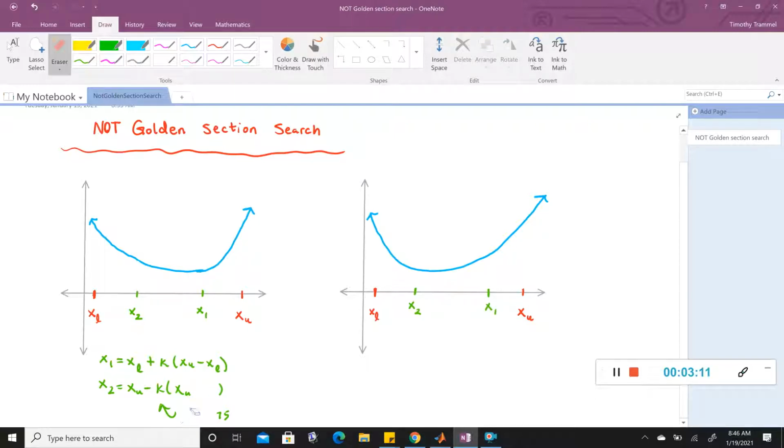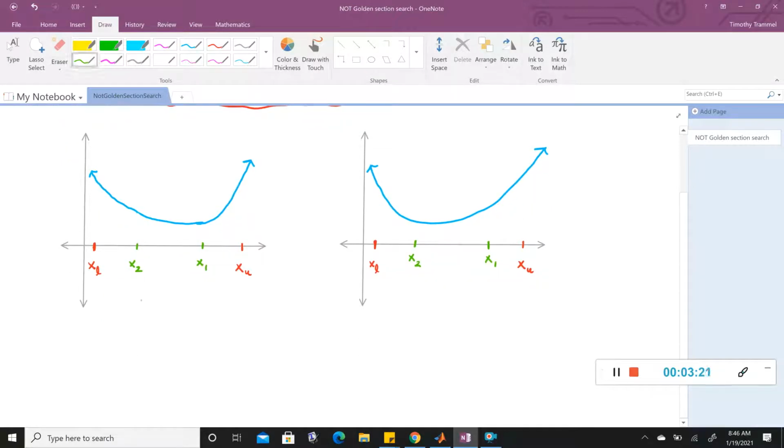What we're going to do in both cases is compare the function value at x1 and x2. So let's do that. We're going to say f of x1, and we're curious how it compares to f of x2.